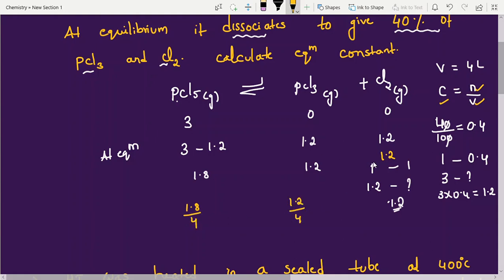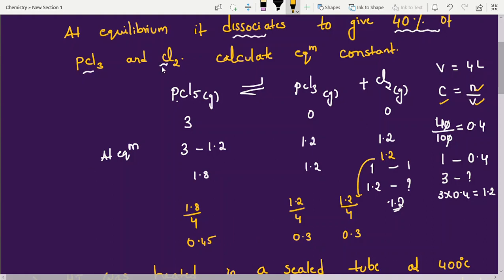This is also 1.2 by 4. That's it. Clear? So 1.8 by 4, can you simplify? 1.8 by 4 is nearly 0.45, you will get it. Here, 1.2 by 4 is 0.3. Now you got the concentration.